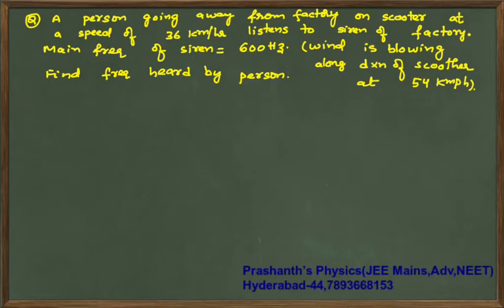Pause the video clip, relax, read the question properly, then try it. Because this is a factory, obviously it will be at rest. Sound direction and wind direction both are the same, so it is V plus W. It will produce a frequency F naught, and some person is riding a scooter, and he will move with the velocity of observer.